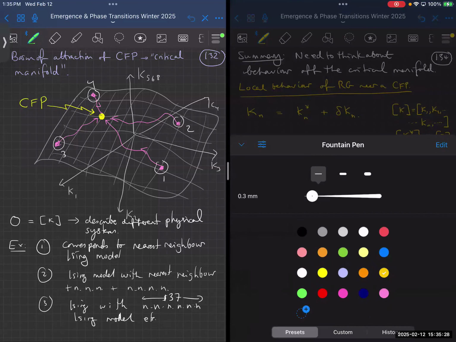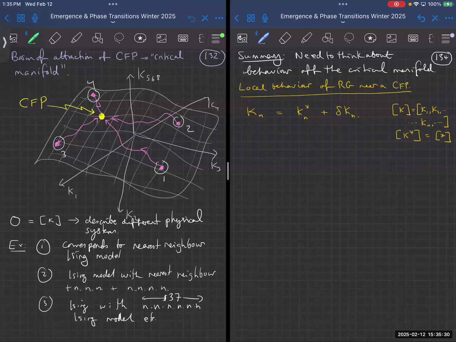So if I'm thinking of it like that, then my starting Hamiltonian is also close to the critical fixed point.